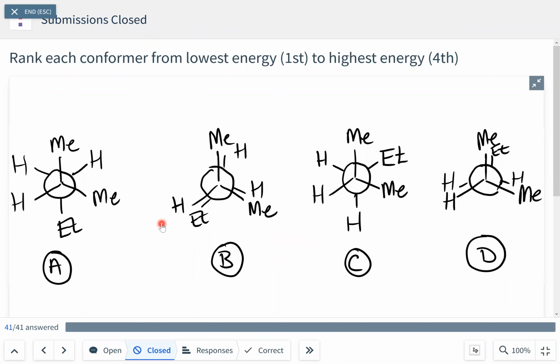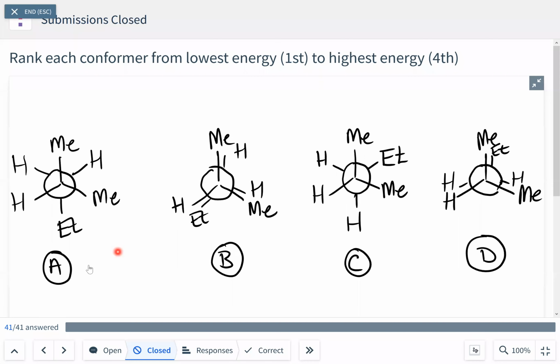Okay, so as a basic rule of thumb, staggered conformations will be lower in energy than eclipsing conformations. So the choice between first and second should be between A and C, and the choice between third and fourth should be between B and D. Eclipsing conformations have torsional strain as a basic minimum, but they could also have steric strain if you've got two large groups eclipsing one another.